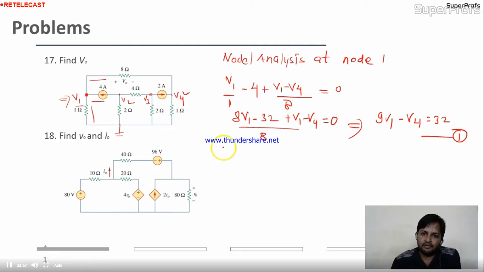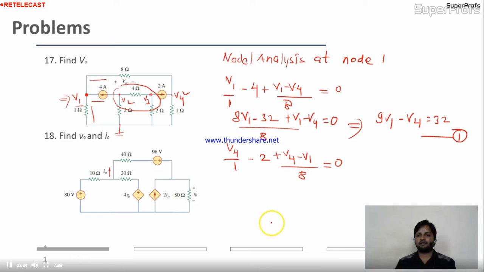Now come to V4. Don't write the KCL equation for the whole circuit, because we want V naught and we get V naught by applying nodal analysis on these 2 nodes only. So V4 divided by 1 minus 2, the incoming current, plus V4 minus V1 divided by 8 equal to 0.